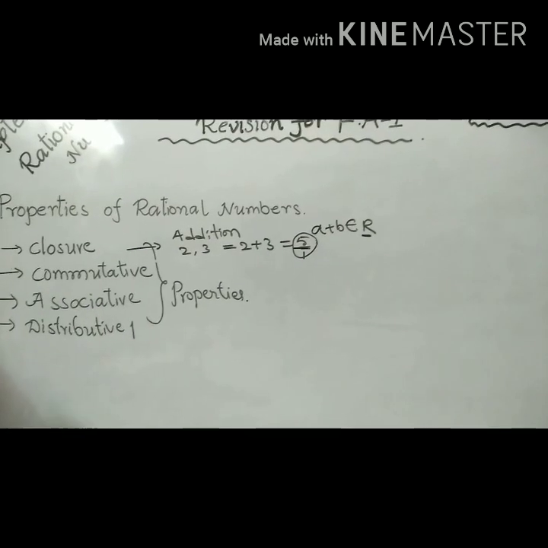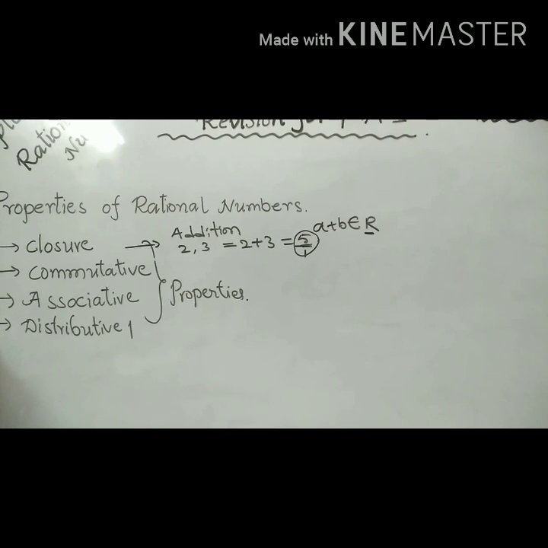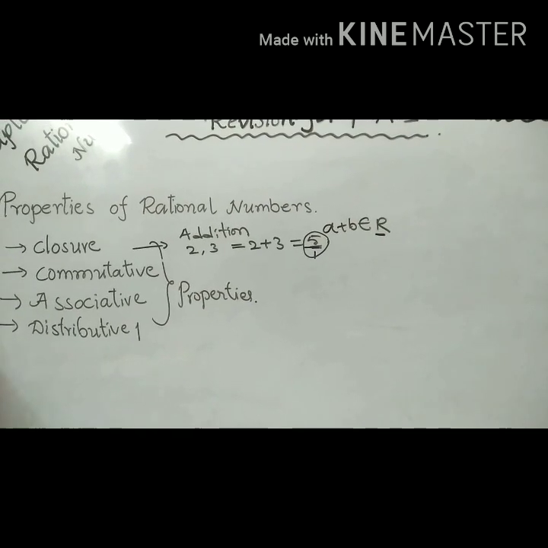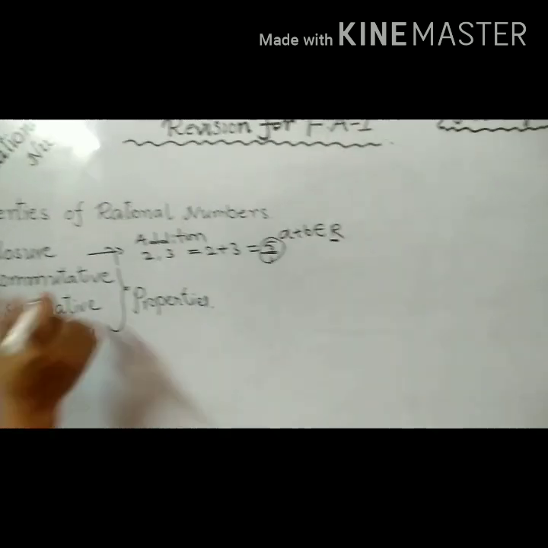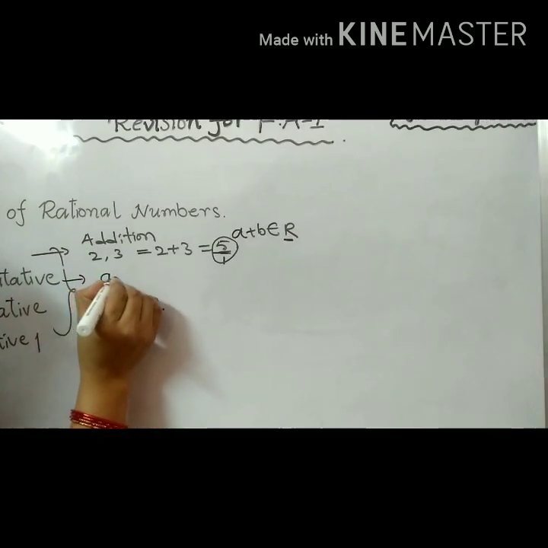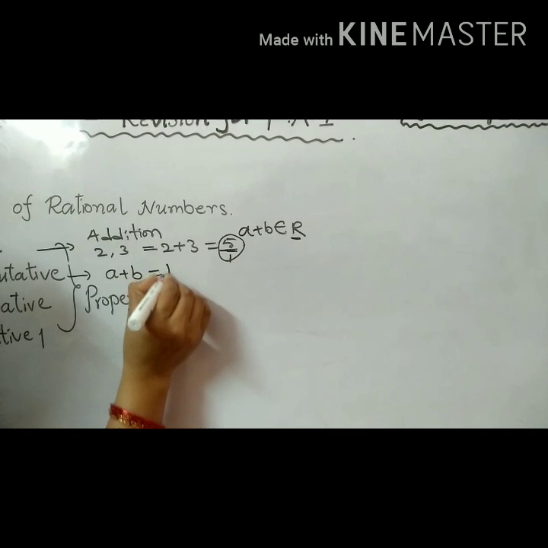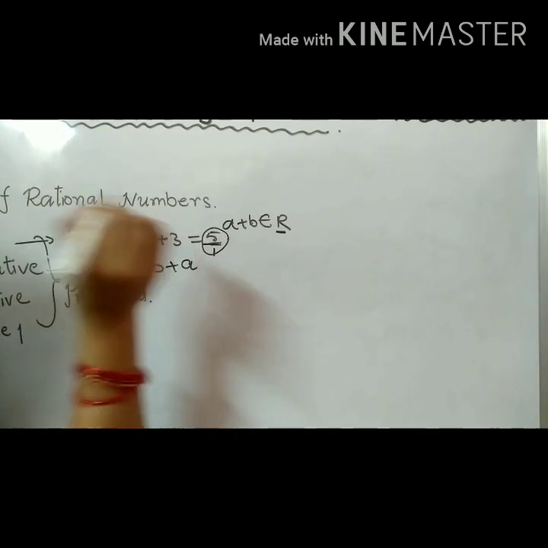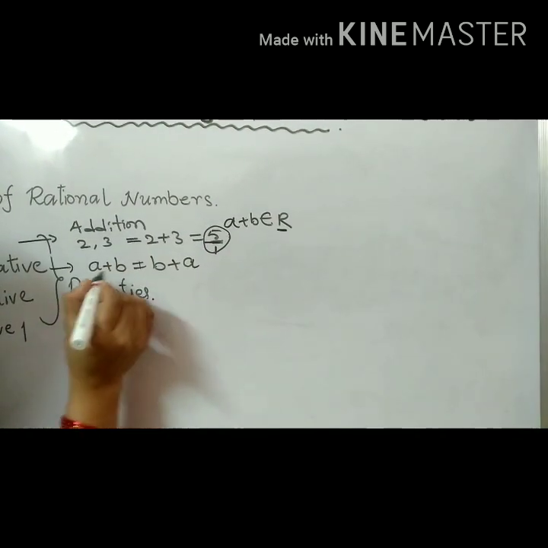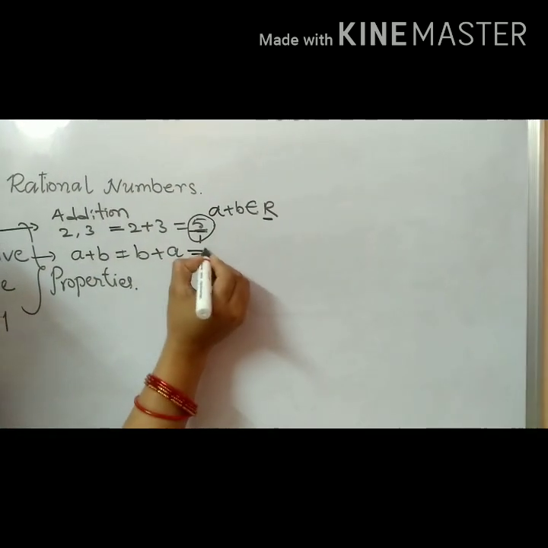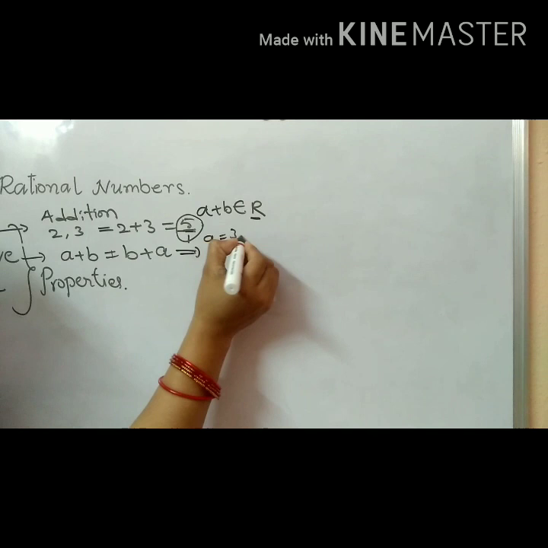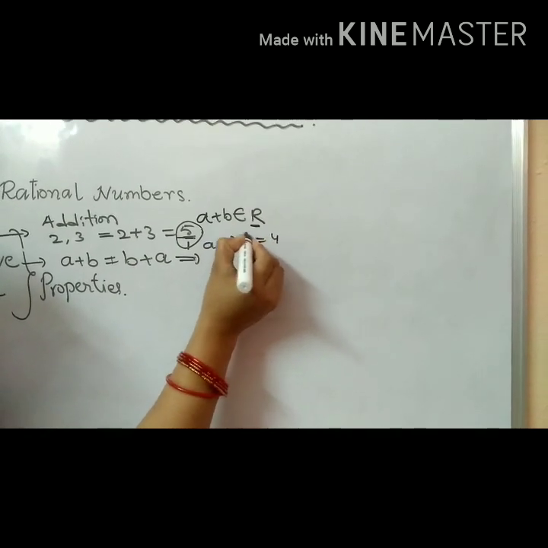The commutative property states that changing the order of two numbers in a binary operation does not change the result. A plus B is equal to B plus A. There are two sides, LHS and RHS. For example, take A equal to 3 and B equal to 4.